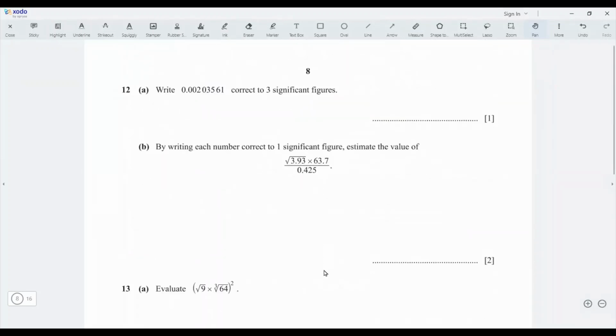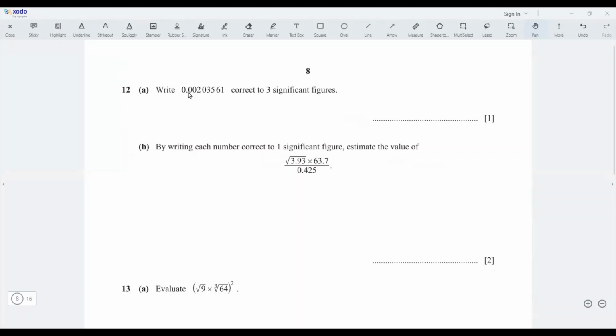In question number 12, we have to write down our answers correct to three significant figures. How can we write an answer in three significant figures? We have to start from the left and check that the starting zeros are not significant.